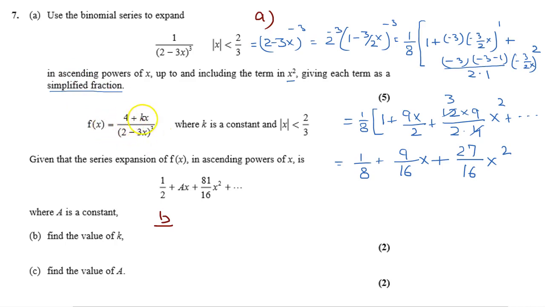If fx is equal to 4 plus kx over 2 minus 3x cubed is the same where k is a constant in the same condition, given that the series expansion of fx in ascending power of x is this.